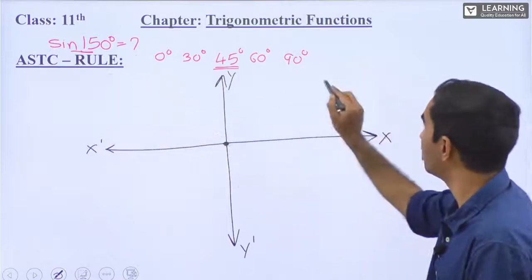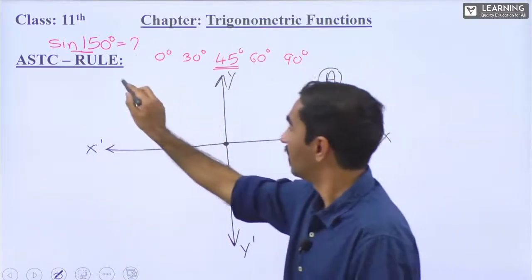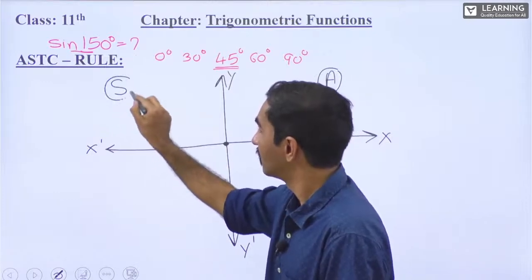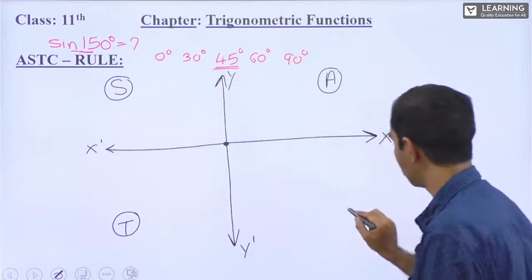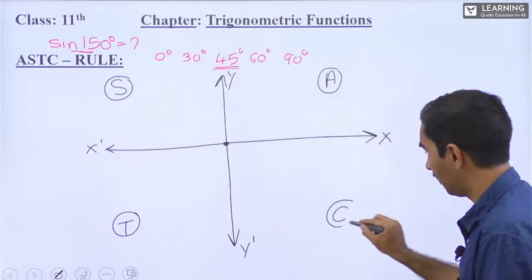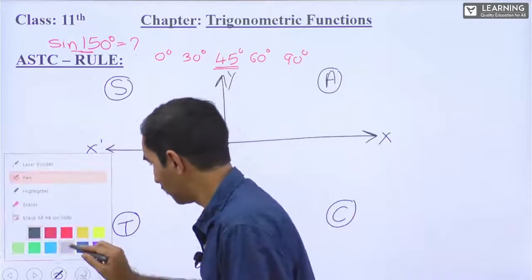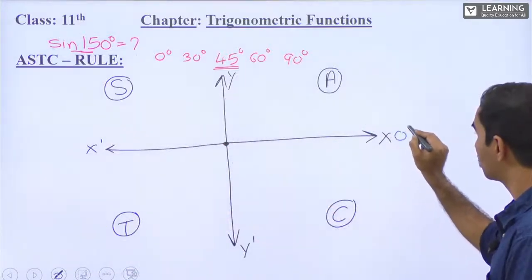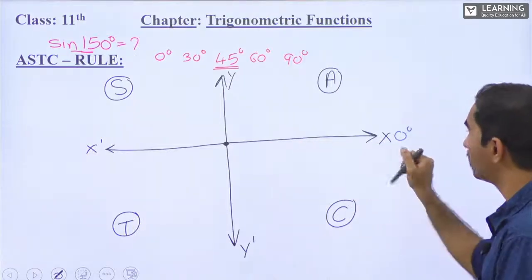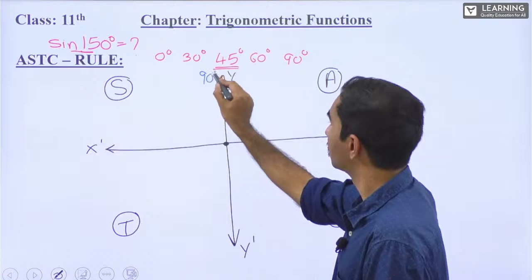Now students, ASTC, right? First we'll write those letters. This is A, S, T, and C. ASTC. Apart from this, we will write the angles. What angle is this, students? 0 degrees, correct? This will be 90 degrees.